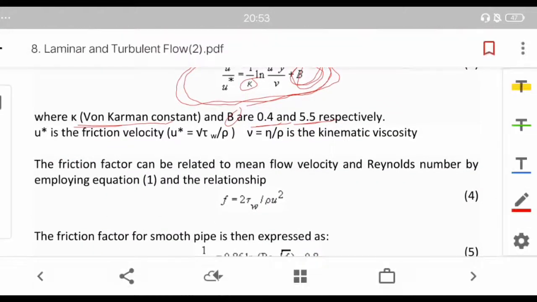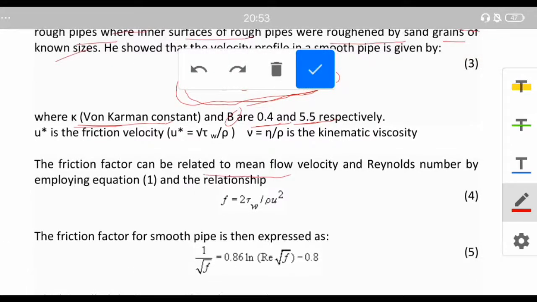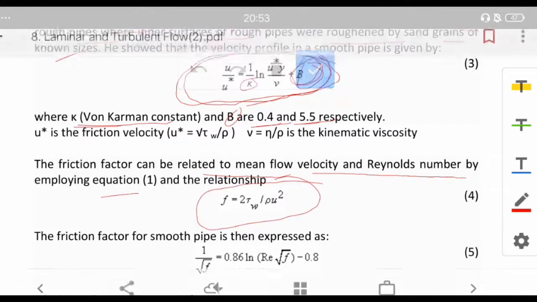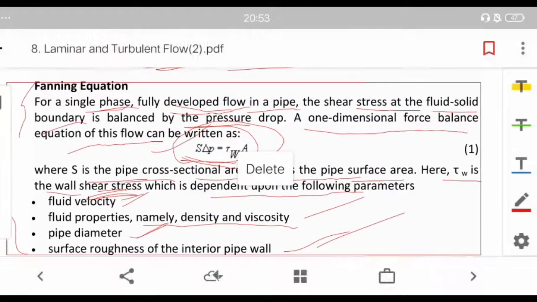The friction factor can be related to mean flow velocity and Reynolds number by employing equation 1, and it is f equals 2 tau upon rho u square. So equation 1 was like this.